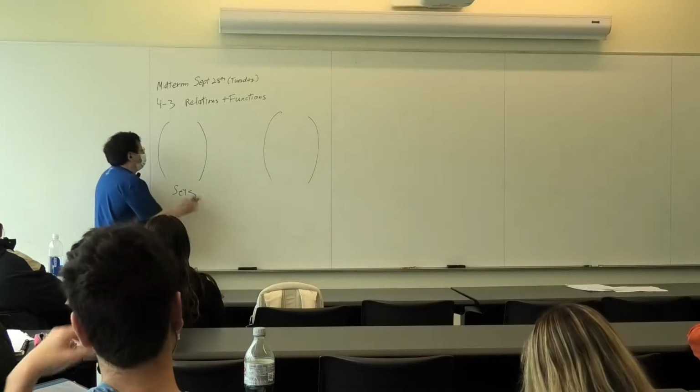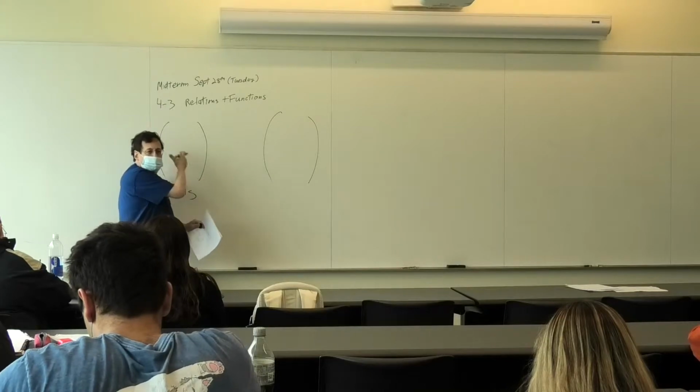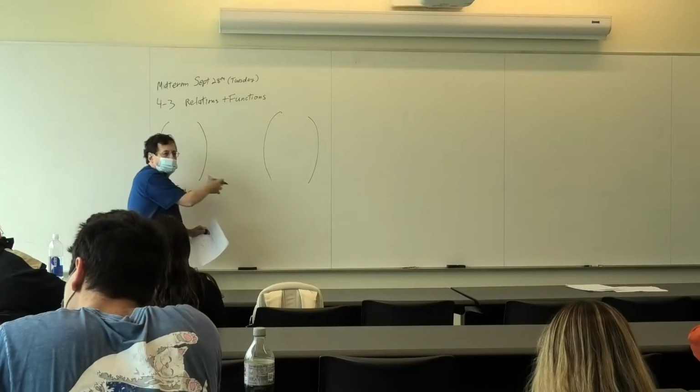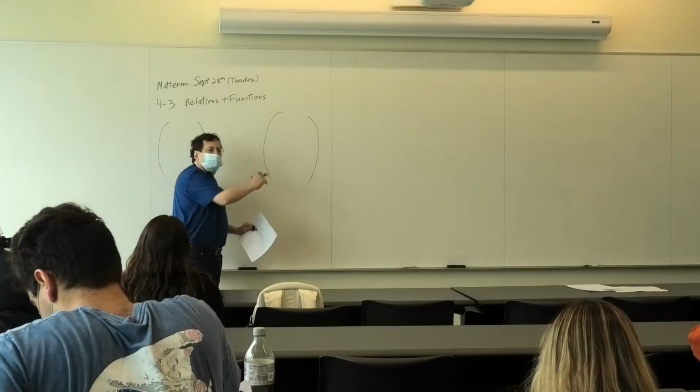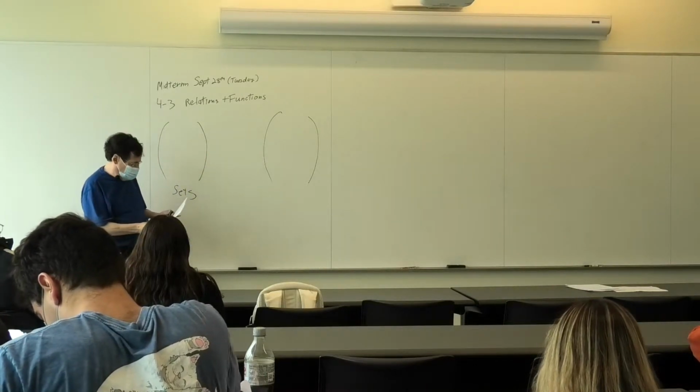So we could have a set of letters, set of numbers, set of people, set of eye color, and we can have connections between them.